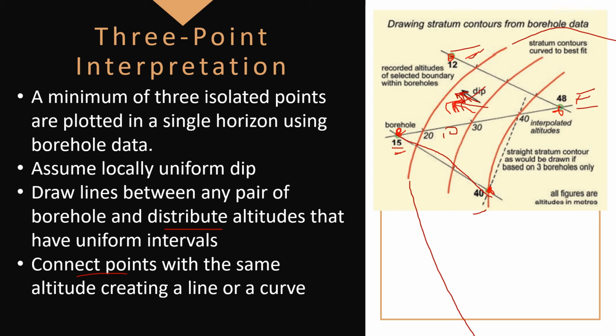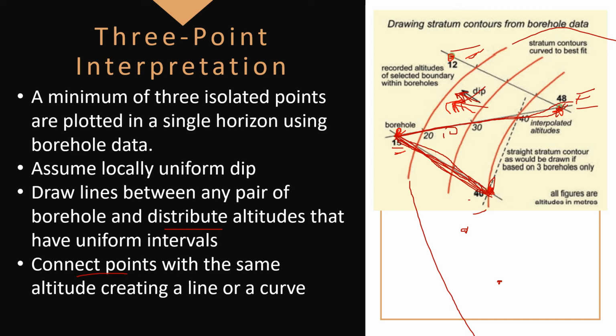So if in the survey they have only chosen 3 points, let's say this is the 3 points, 1, 2, 3, that's the 3 points that they have chosen. If they have only chosen 3 points in the borehole survey, that means that if we connect them, only lines are created but not curves.